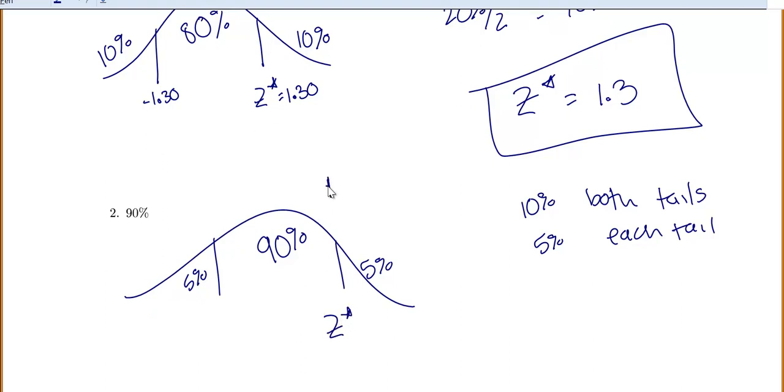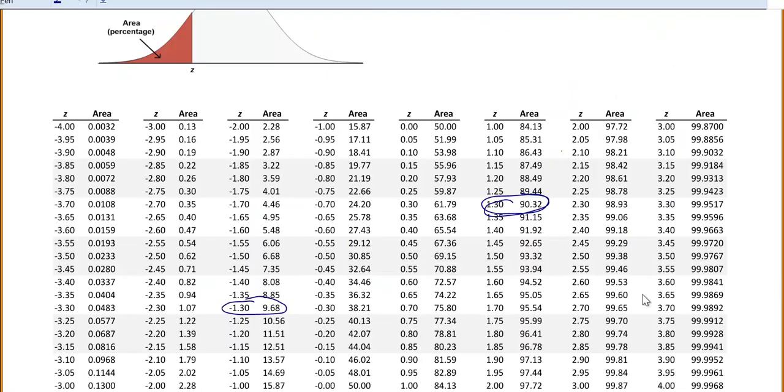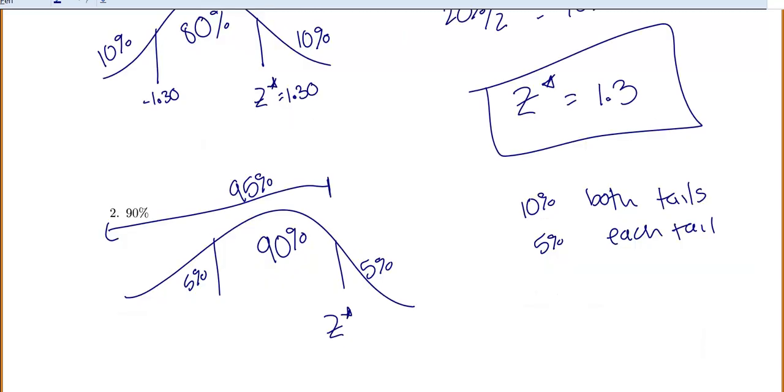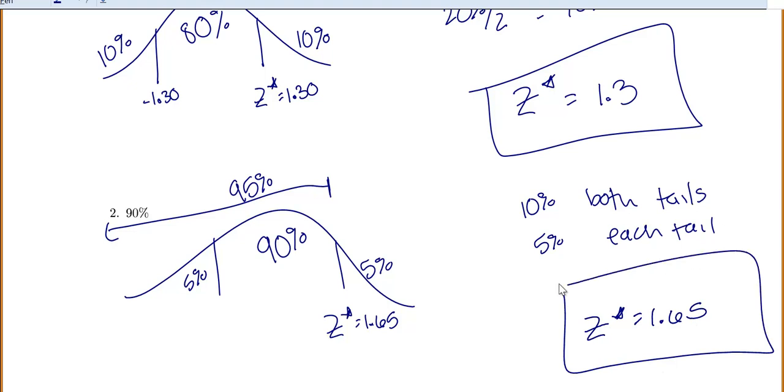From here all the way over is actually 95% because you have 5% and 90%. So I go to my normal table and look up 95%. The closest is 1.65, so z star equals 1.65. So that's my answer there.